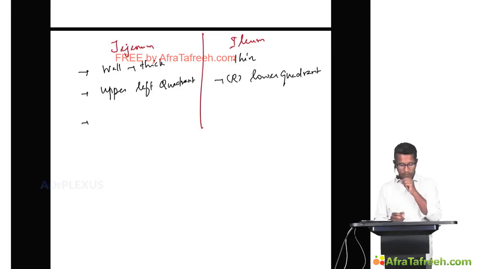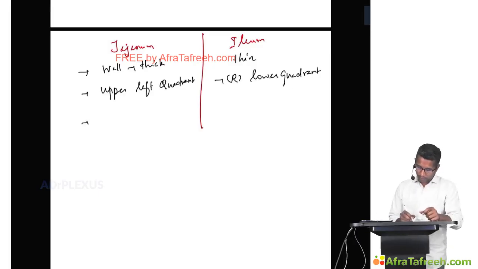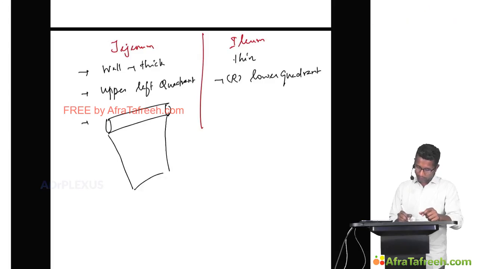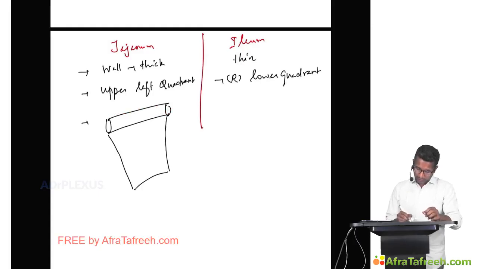Okay, if you see the jejunum, let us consider this is the jejunal tube and this is the mesentery. The vessels which enter the mesentery supplying the jejunum will form an arterial arcade like this.